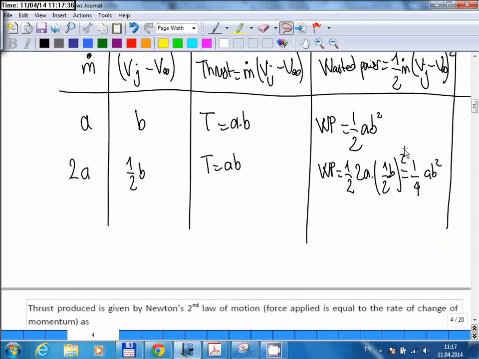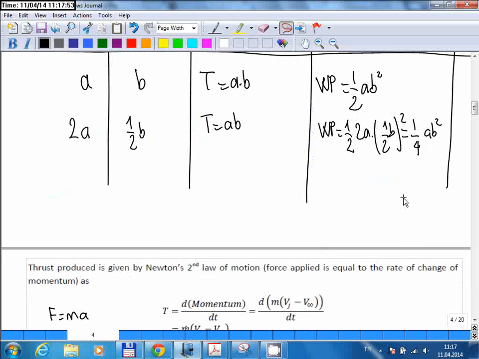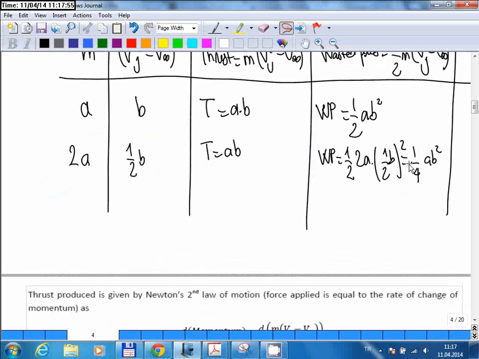Apparently, if I adjust the mass flow rate and speed increase in such a way that I change them as you see here, I get the same thrust force with less wasted power. Okay, so based on this, I can do this as well.